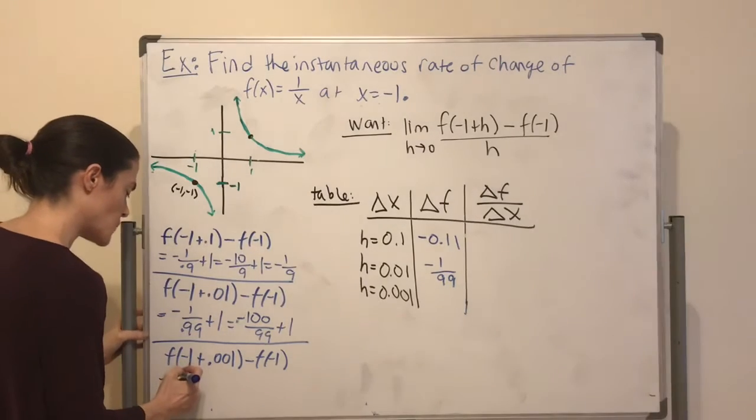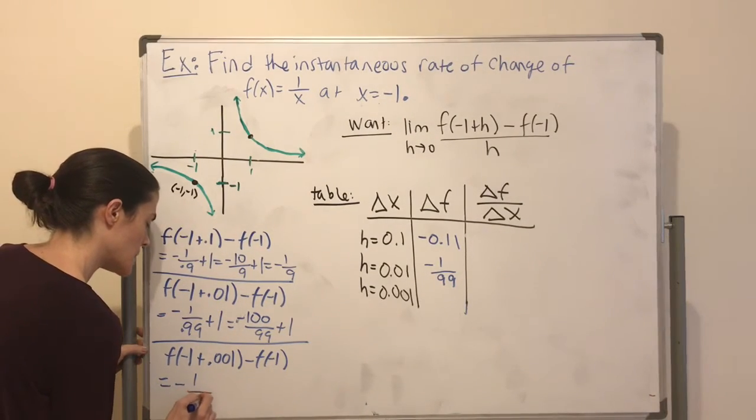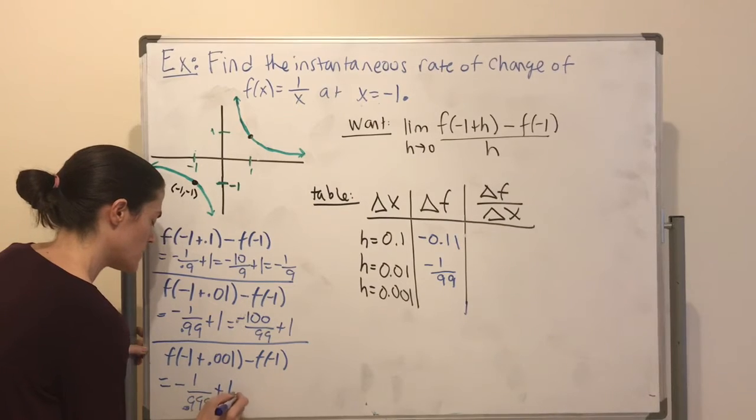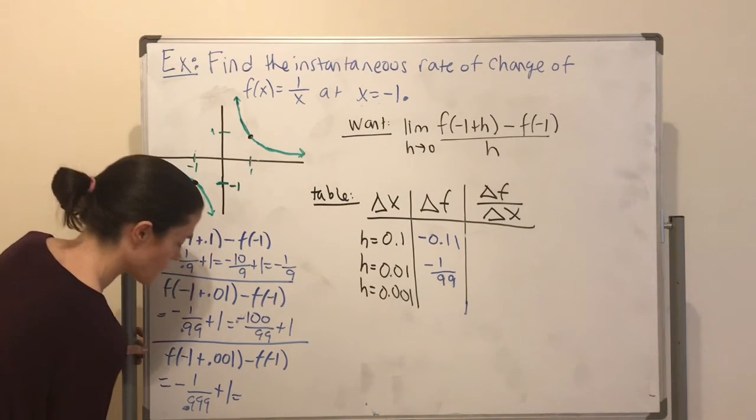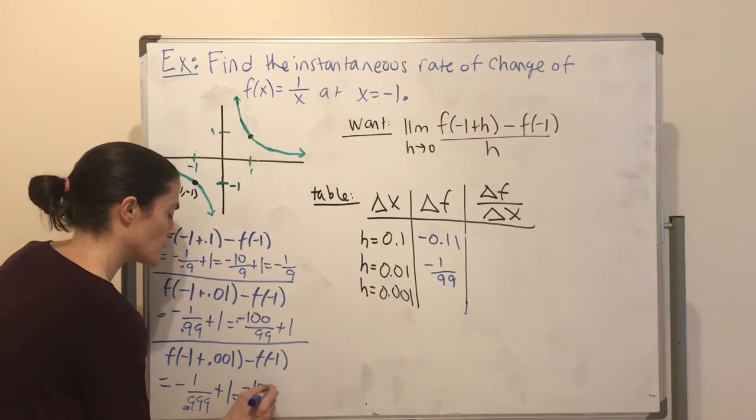And for this one, this is negative 1 over 0.999, plus 1. This is 1,000 over 999. We invert multiply.